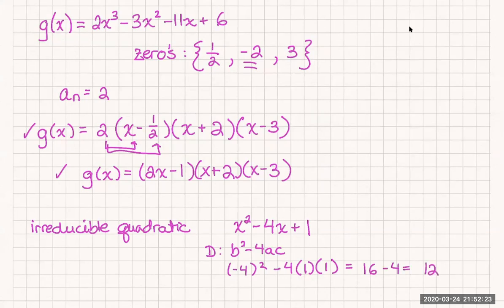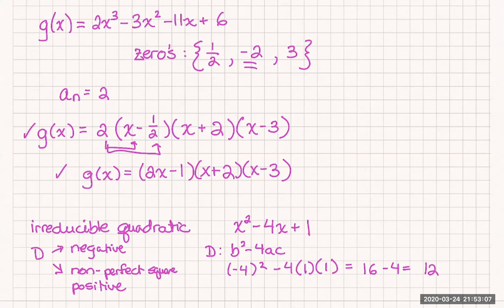Now, if your discriminant is either negative, or a non-perfect square positive number, then your quadratic is irreducible. Okay. So if you cannot tell if a quadratic is irreducible, find its discriminant. If the discriminant is a negative number or a non-perfect square positive number, then that quadratic is in fact irreducible.